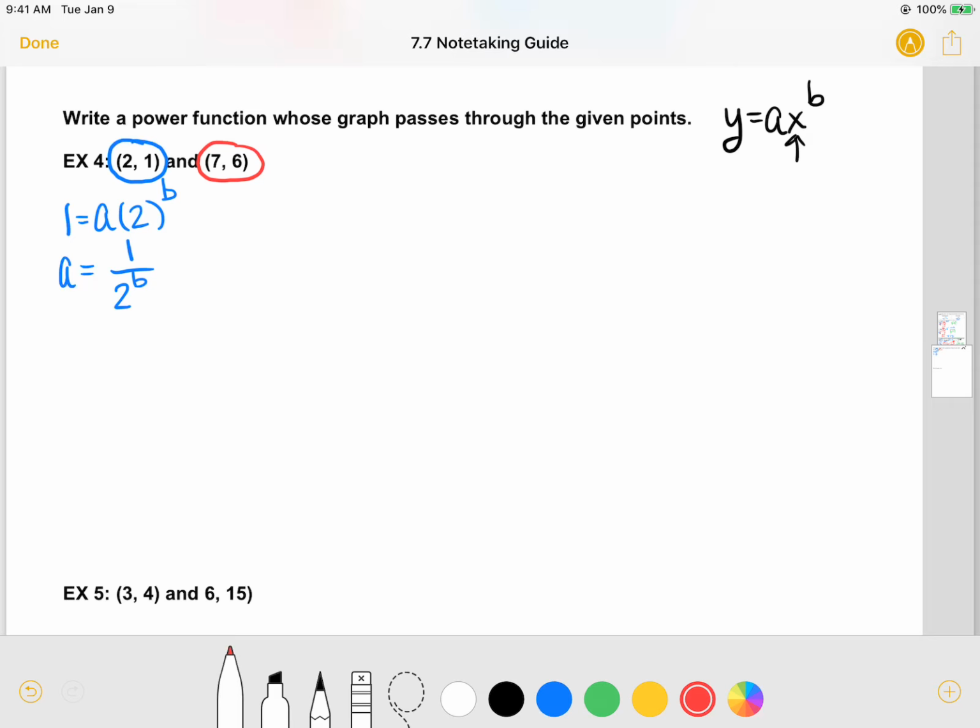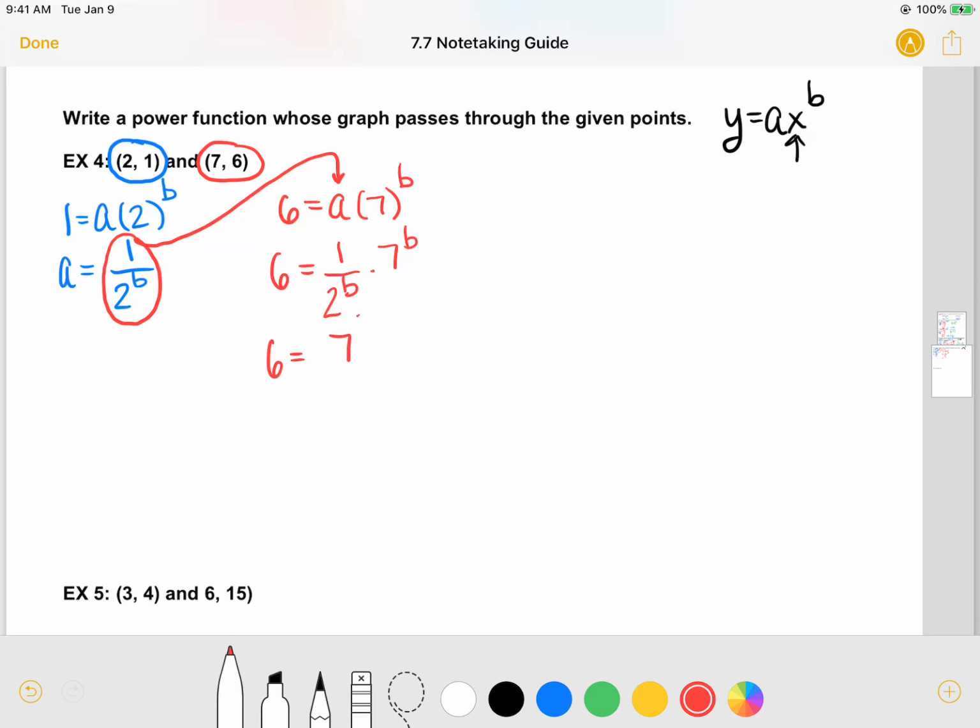We're going to substitute in 6 for y is equal to a times 7 for x raised to the b power. And we grab this value of a and plug it in for a. So what this looks like is 6 equals 1 over 2 to the b times 7 to the b, or 6 equals 7 to the b over 2 to the b.